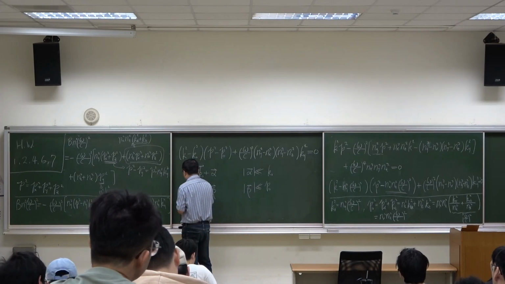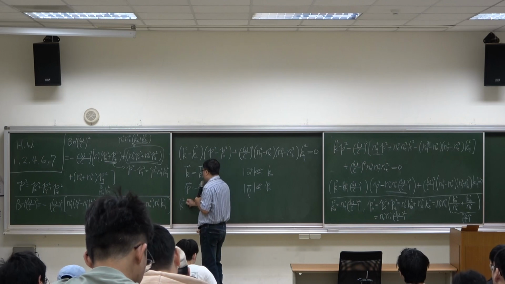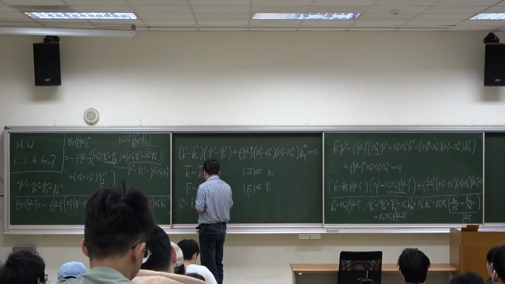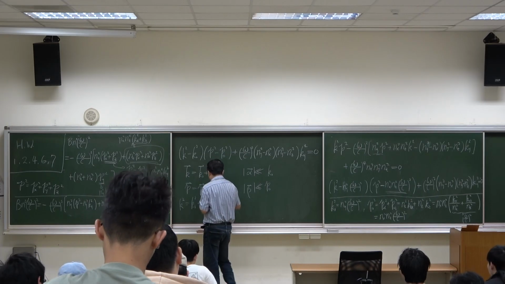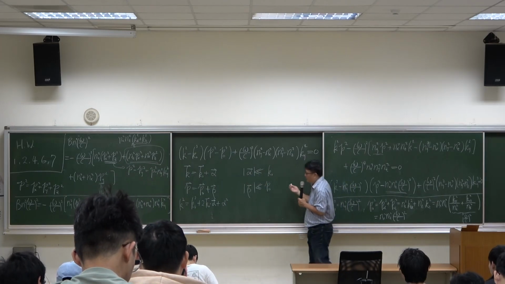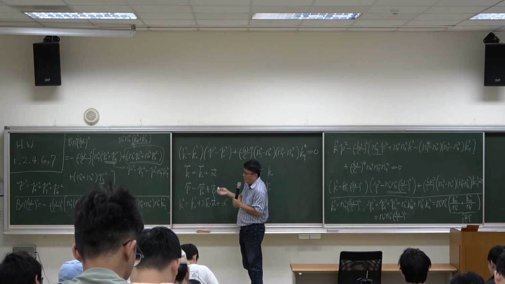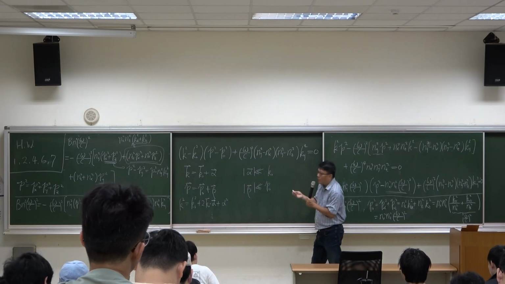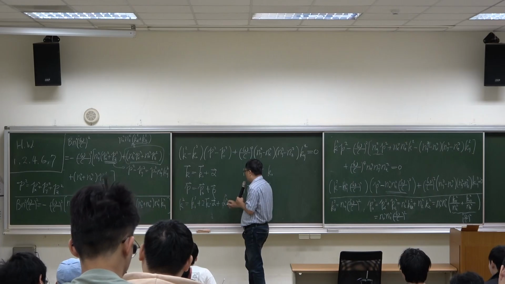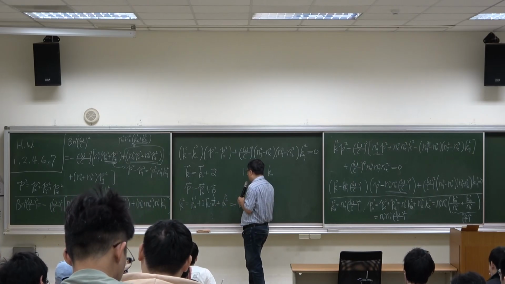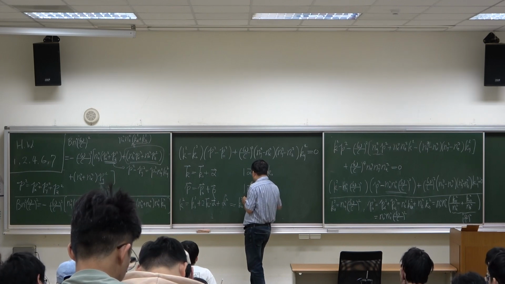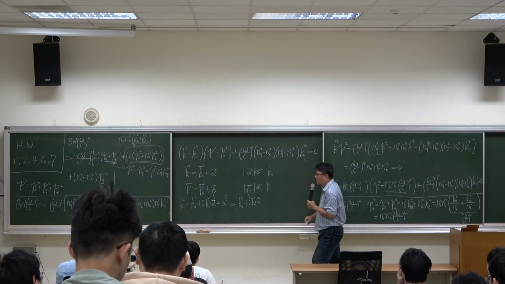And so if we calculate the k squared, we find the result is k0 squared plus 2k0 dot alpha plus alpha squared. And if alpha is a small quantity, then alpha squared becomes a much more small quantity. Okay, so we can ignore alpha squared and approximate the result as k0 squared plus 2k0 dot alpha, something like this.